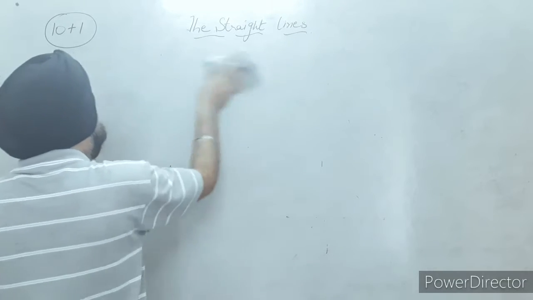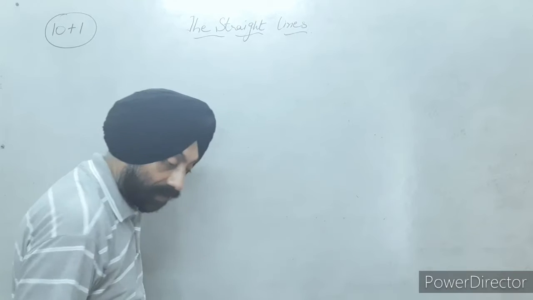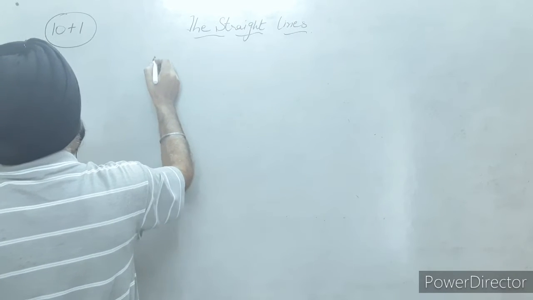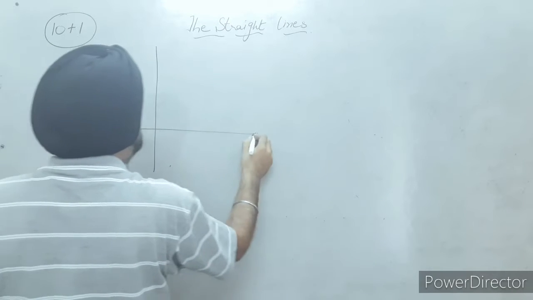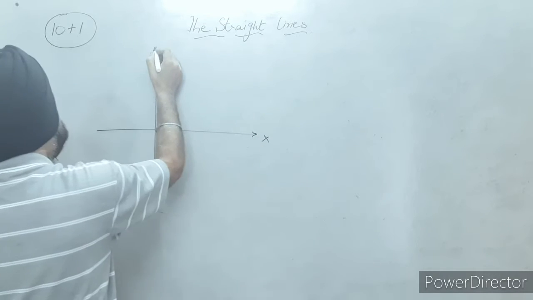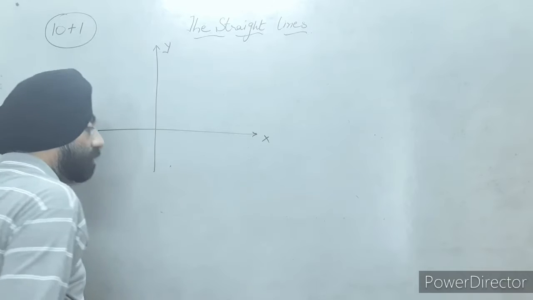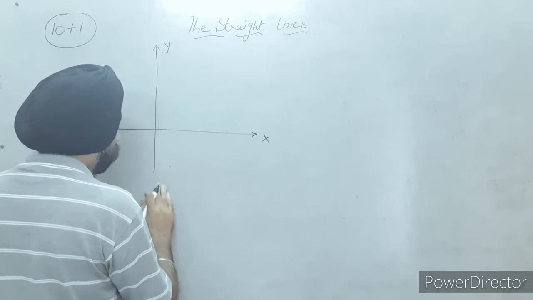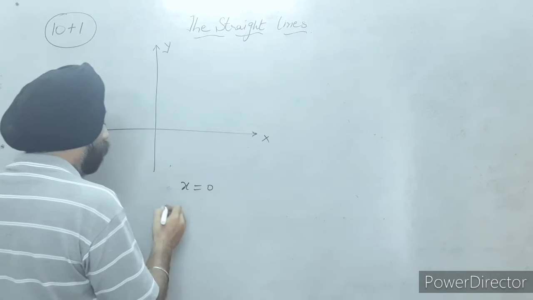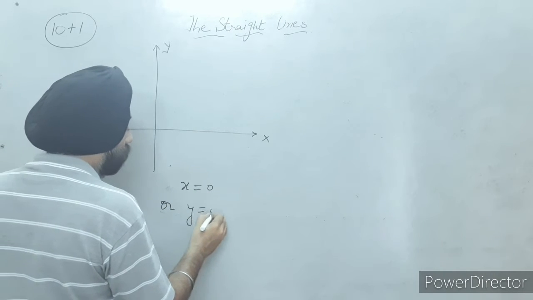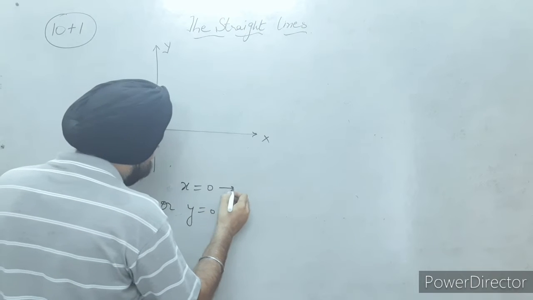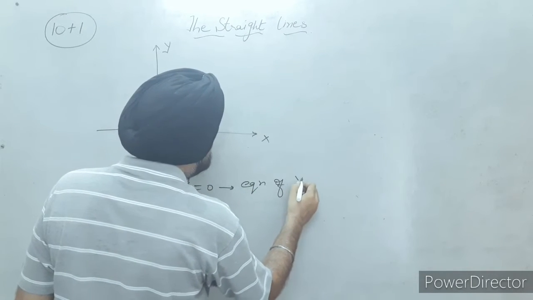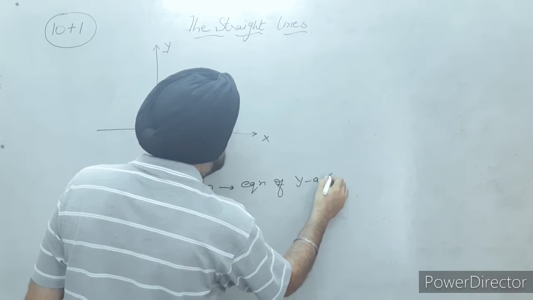Now, this is your x-axis, this is your y-axis, right? If I say x equals 0, or I say y equals 0, this x equals 0 represents the equation of the y-axis.